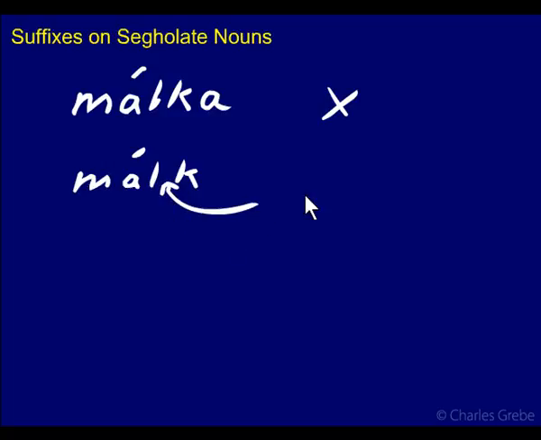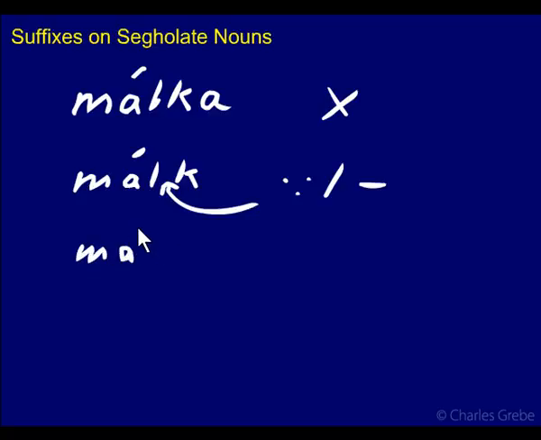What happens is a helping vowel showed up to make it easier to say. And you had either a segol, or if you were dealing with gutturals, you had a patach. So you can see the beginnings of a Segholate happening here.